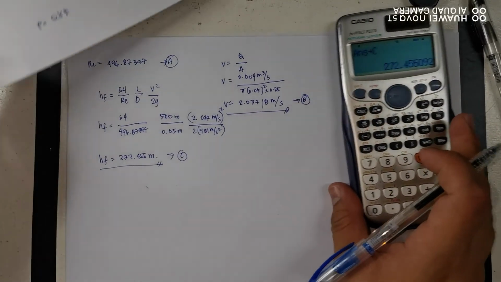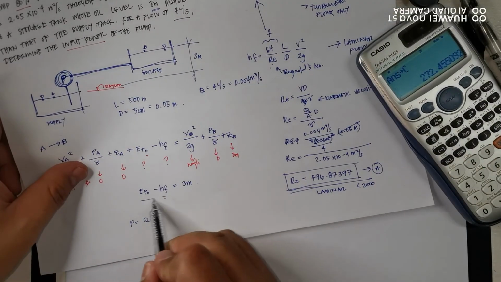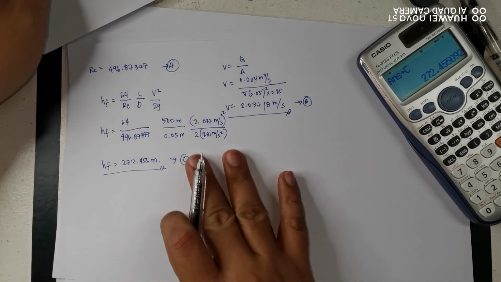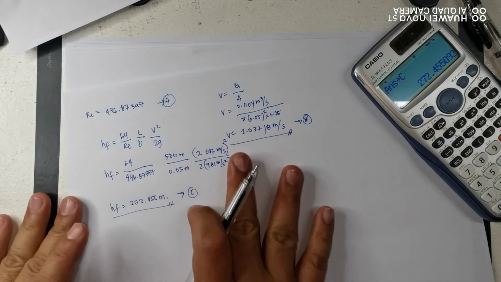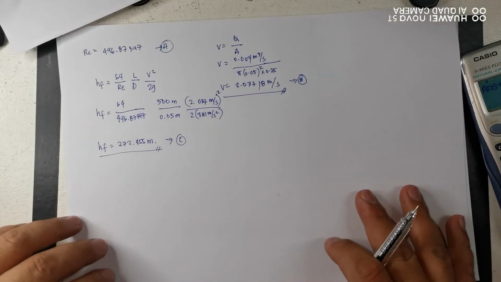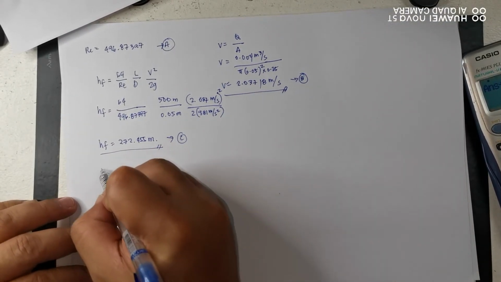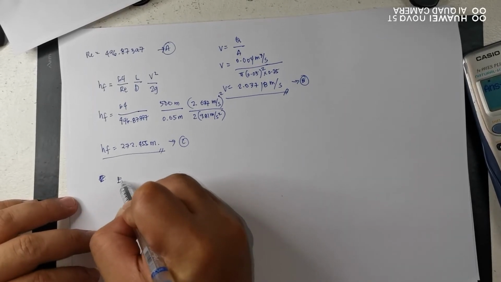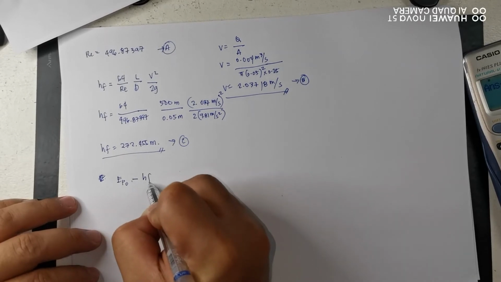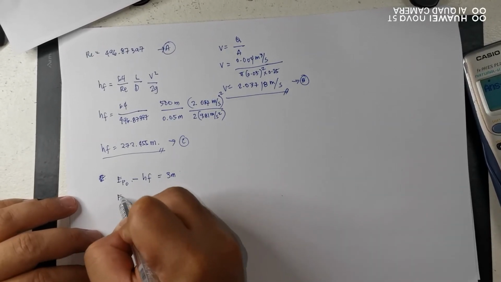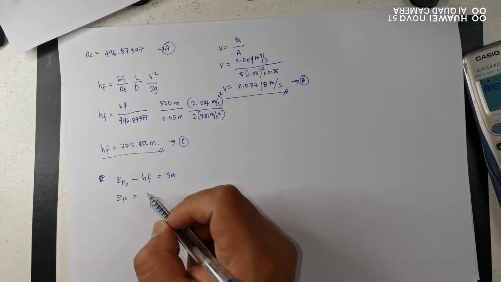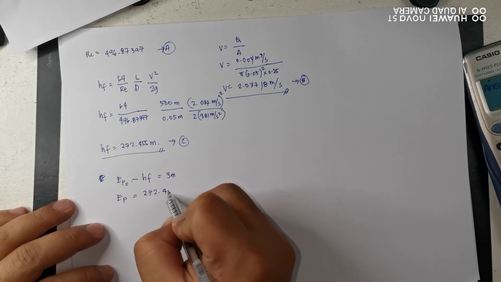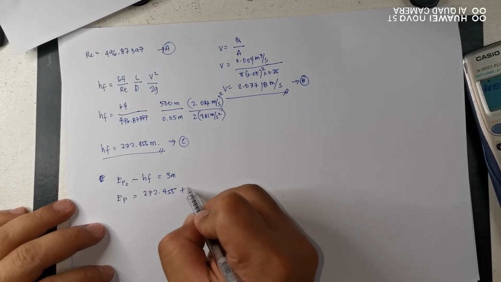So balikan natin yung kanina, yung equation na tira natin. Ito no. Yung EPO minus HF is equal to 3 meters. So EPO, yan, EPO, ay yung equation 1 natin is EPO minus HF is equal to 3 meters. So EPO is equal to positive 272.455 plus 3.